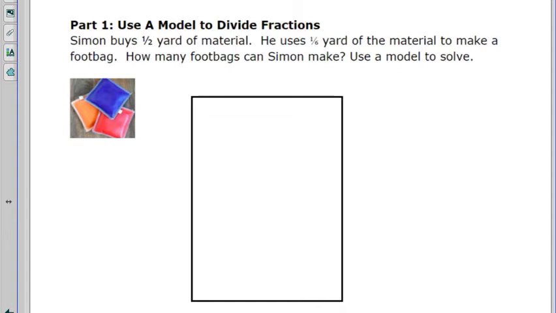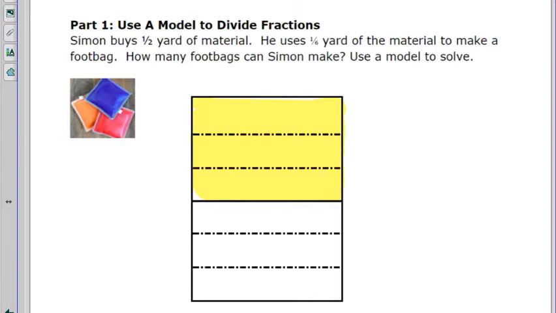Anyway, here is a full yard, and I'm going to break that up into halves. So there is my half of a yard, and now I need to see how many sixths I can make out of that. So I'm going to divide that whole yard again, but this time into sixths. So that's going to be 6 equal parts.